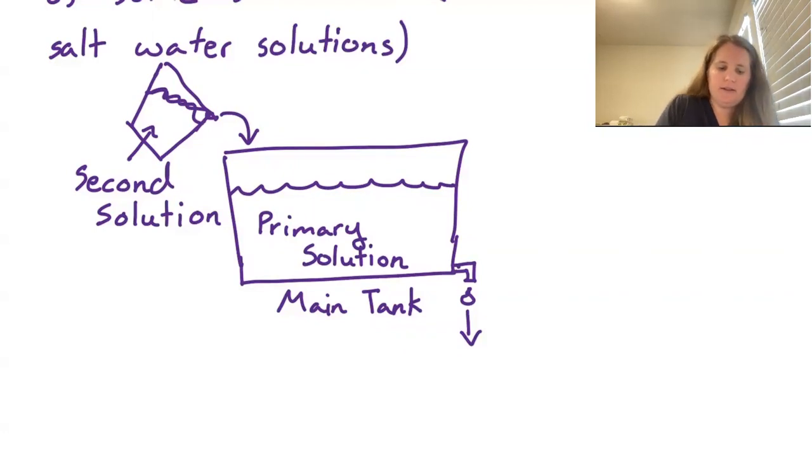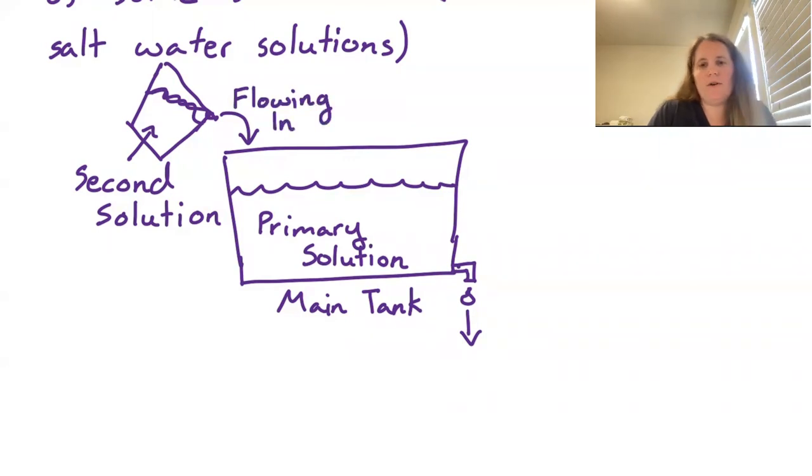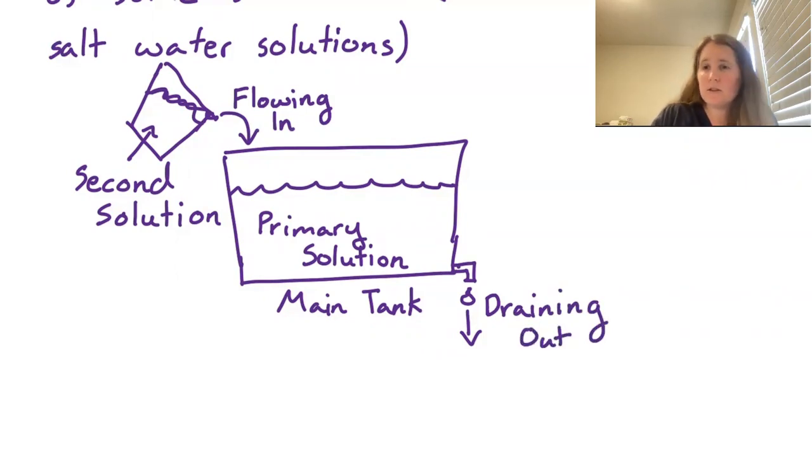So we have our second solution flowing in, and then we have our primary solution flowing out or draining out. The second solution will remain at a constant concentration. The primary solution will change as we have solution added and draining out.